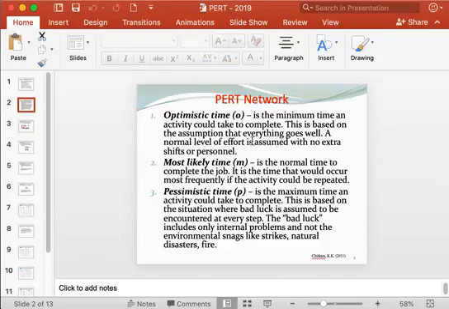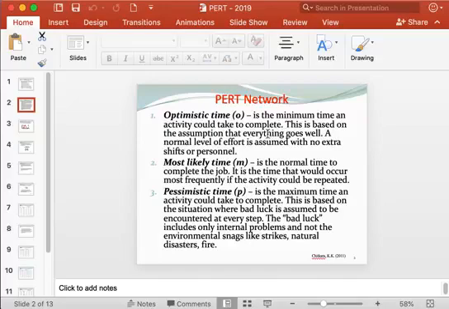This is based on the assumption that everything will go well. So assuming that everything will go well, what is that minimum time within which an activity could be completed? That is the optimistic time.